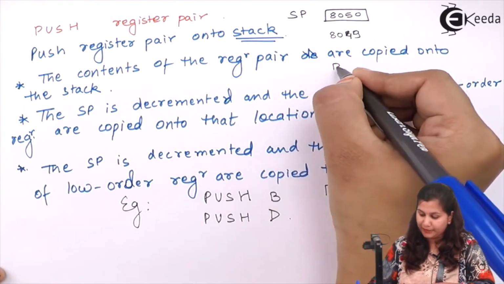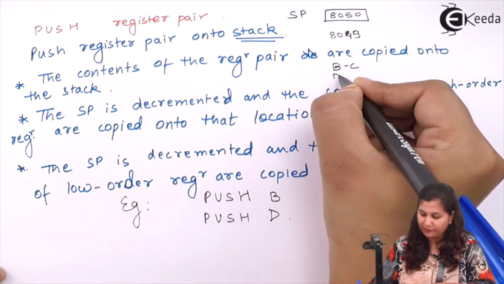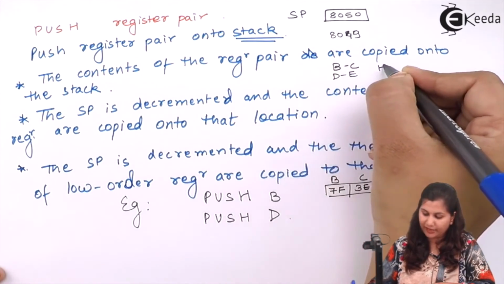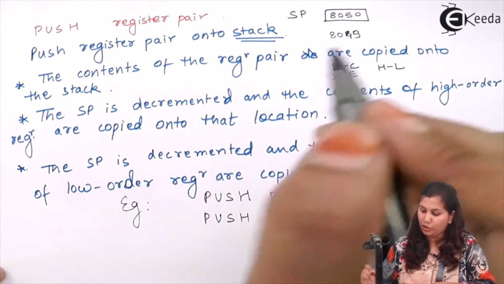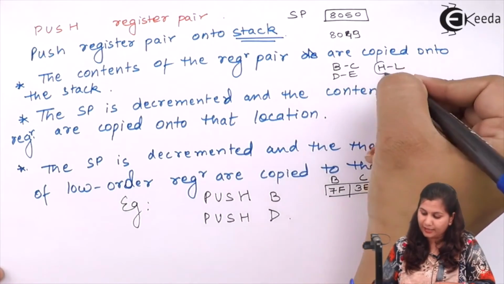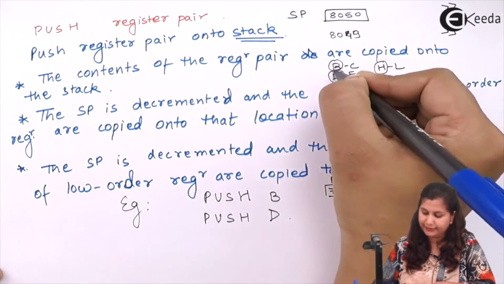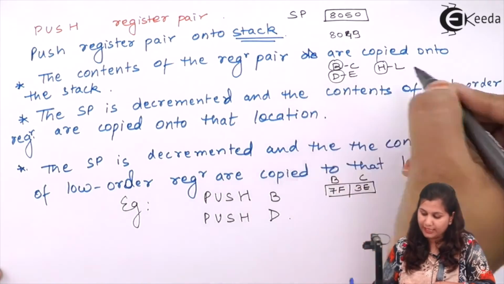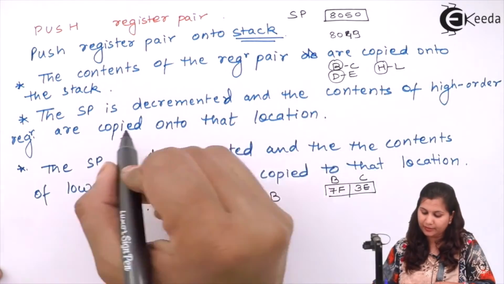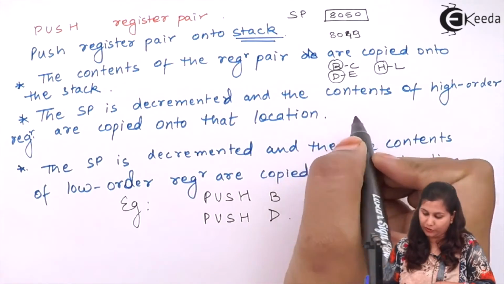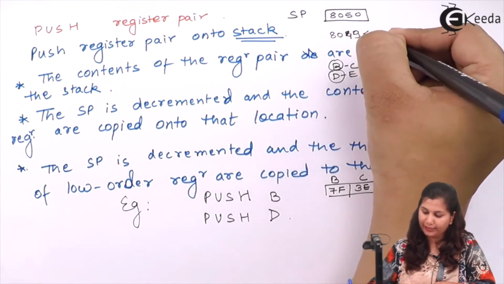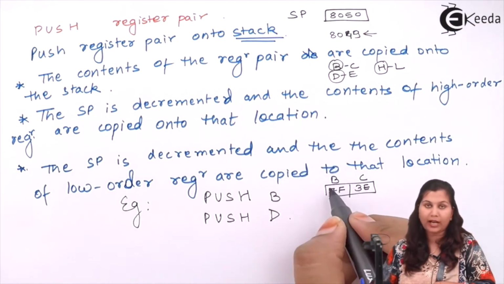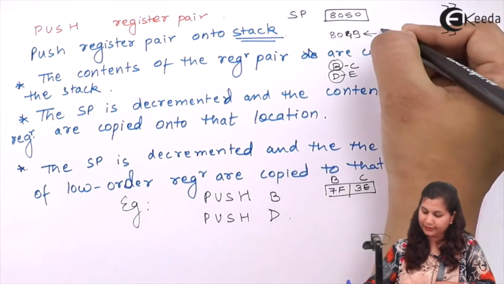So the stack pointer is decremented and the contents of the higher order register are copied. We have the BC register pair, the DE register pair and the HL register pair. The higher order registers are H, B and D. The contents of the higher order register are copied onto that location. At 8049 we will have the contents of the higher order register B, that is 7F.